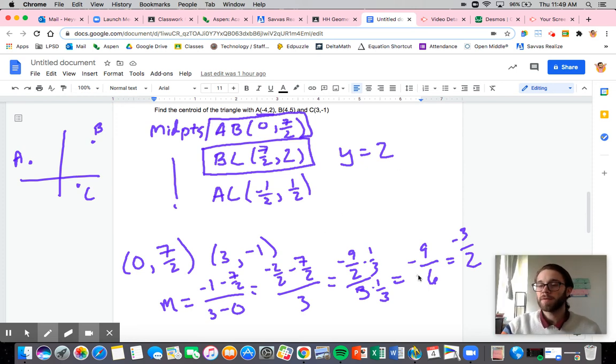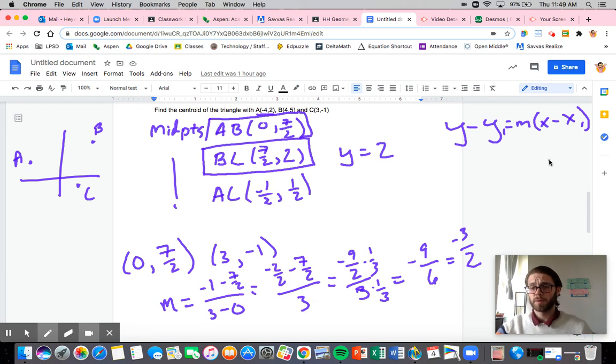And now to find the equation of my line, I can do one of two things. I can plug it into y minus y1 equals m times x minus x1. In general, that's what I will use. That would be the point slope form. I have a point, I have a slope, plug it in. However, in this case, I'm not going to do that, because this point right here is already on the y-axis.